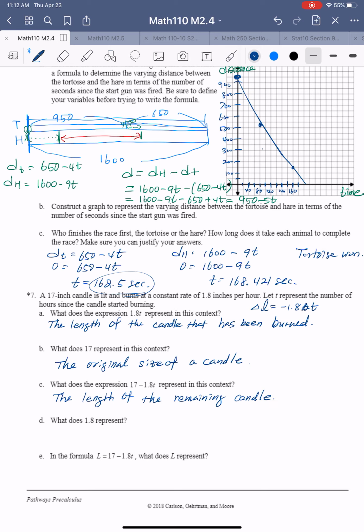And then what does the 1.8 represent? That is the constant rate of change of the candle length with respect to the number of hours.